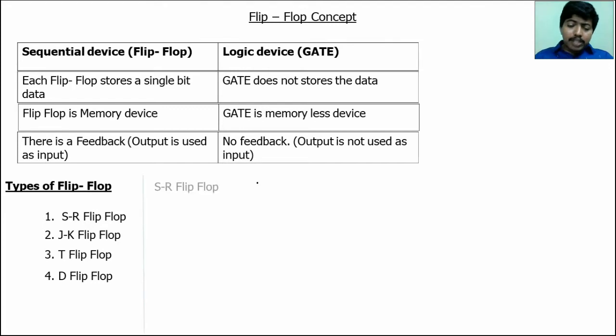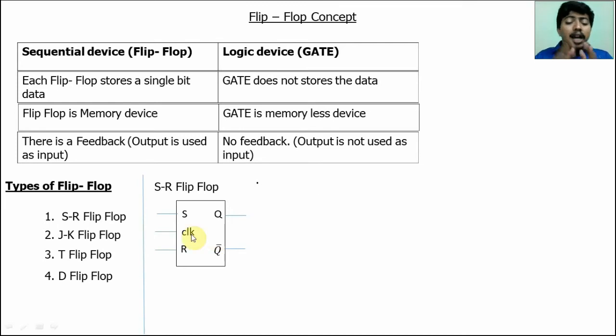So, for the SR flip-flop, this is the symbol: S, R and a clock. Another point: in a sequential device, the clock is required. If you apply the clock, then only the state will change. If the clock is not applied, the output will not change. But in a logic device, there is no need of a clock.